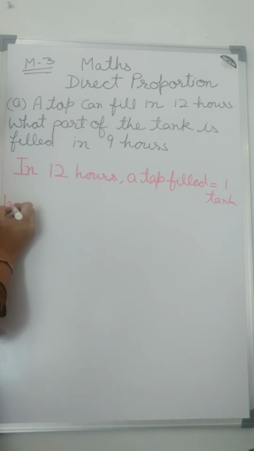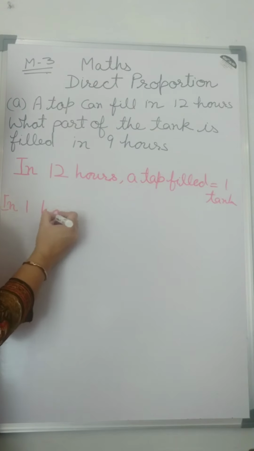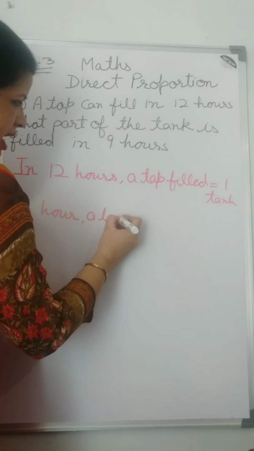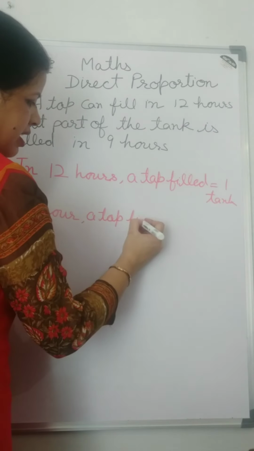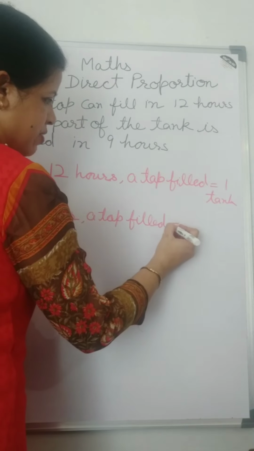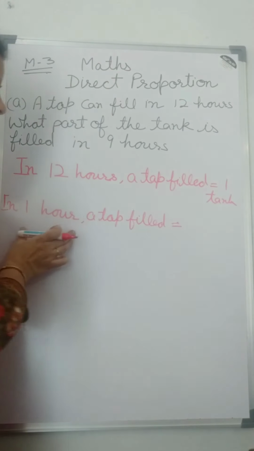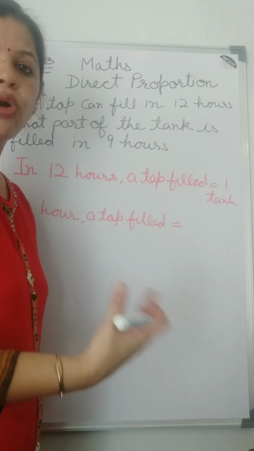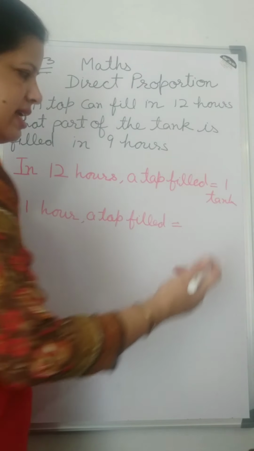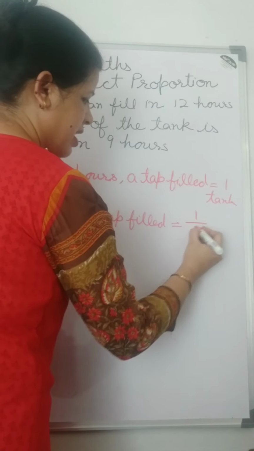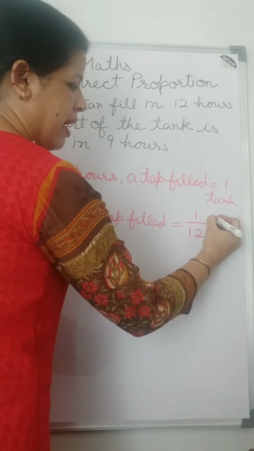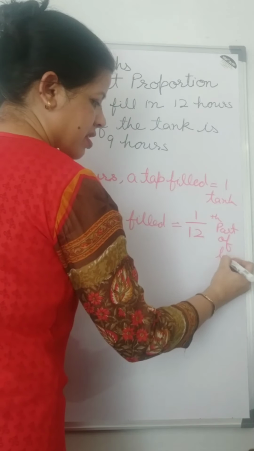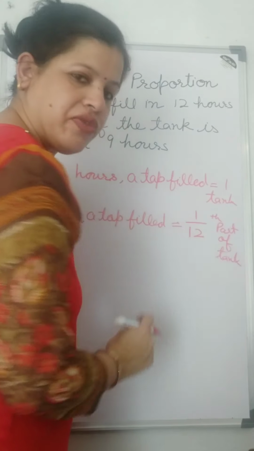So in 1 hour, the same tap fills less part of the tank or more part of the tank? Yes, it is less. So we divide it: 1 upon 12 part of the tank.